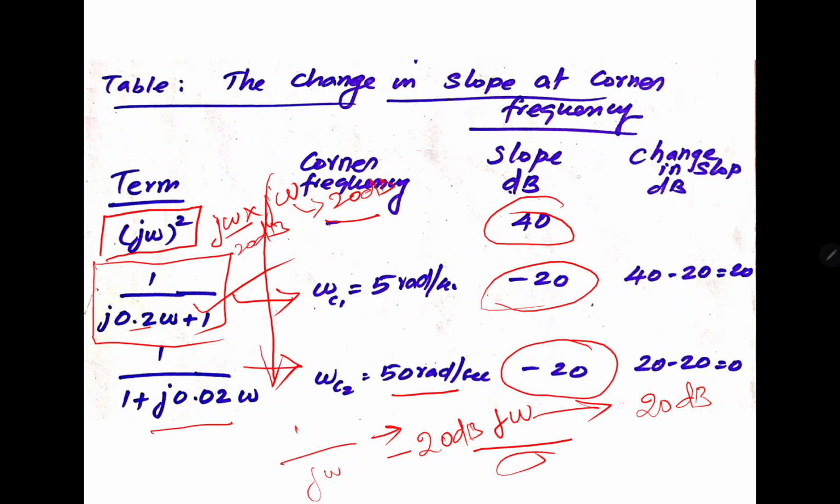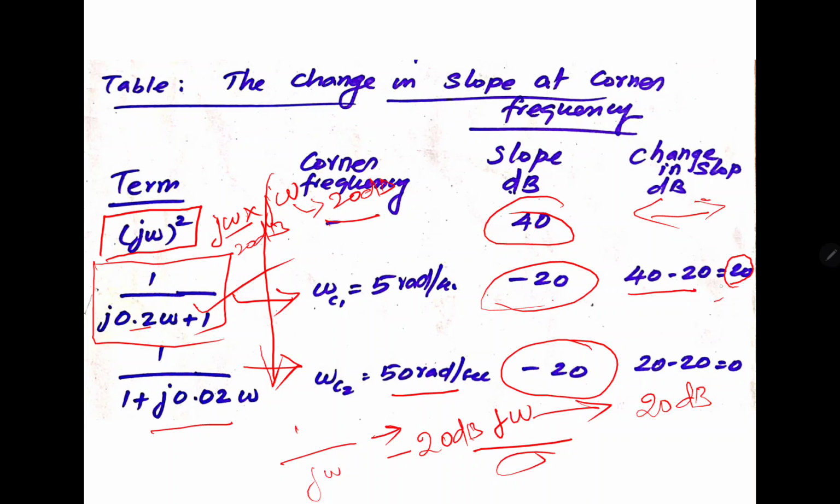Now we have to find the change in slope at the corner frequencies. For the first term, (j omega) square, there is no corner frequency, so this is nil. When we move to the first corner frequency, there is a change in slope: we add 40 and minus 20, so 40 minus 20 is 20 dB.